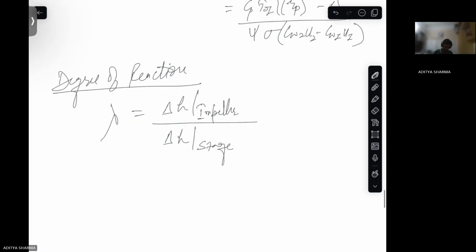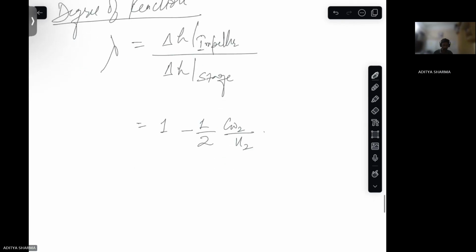Okay. And the expression for it is 1 minus half of psi sigma by U2, or this is 1 minus half of phi 2 cot alpha 2.